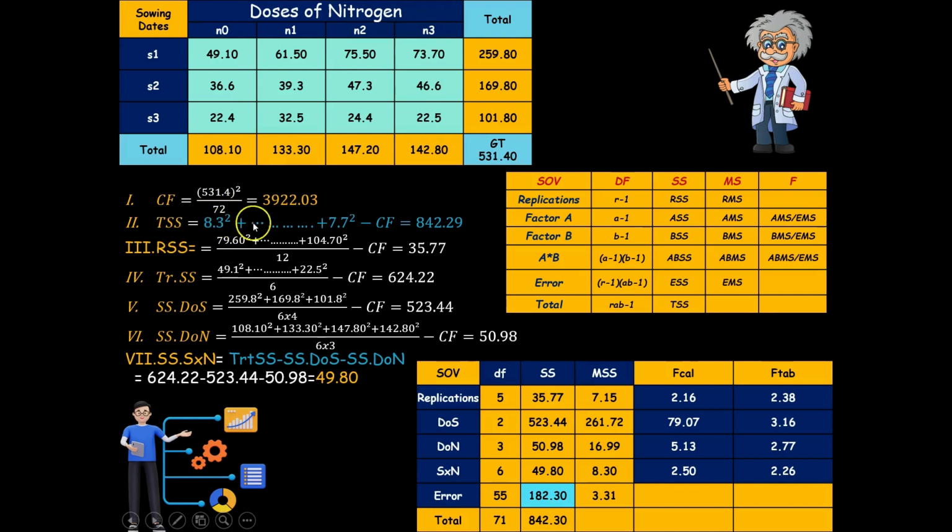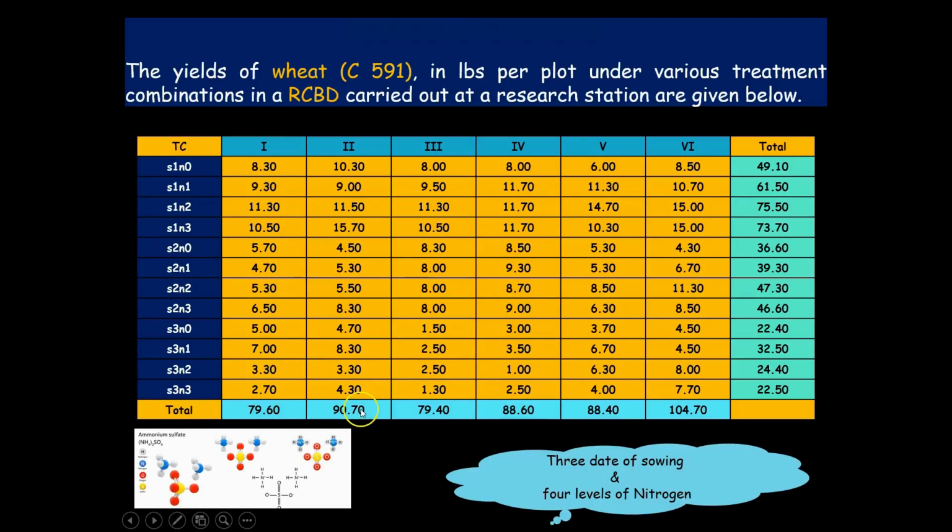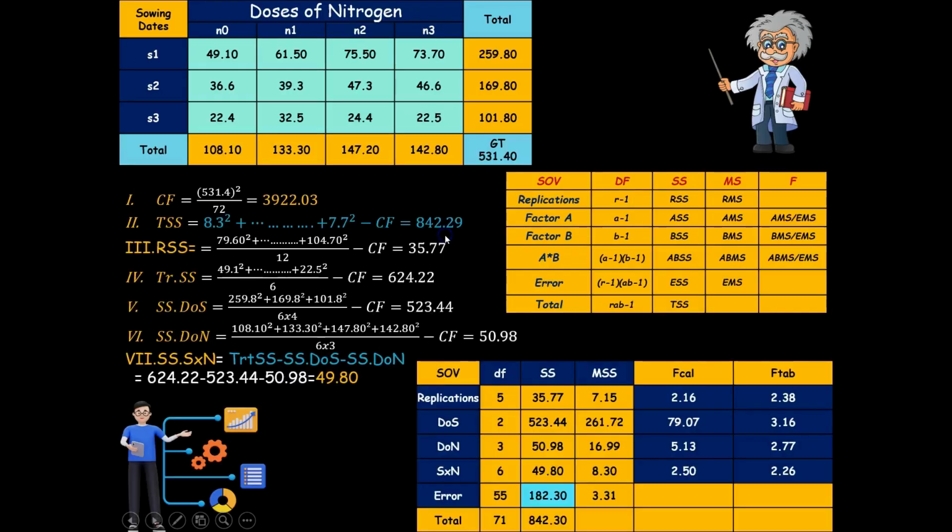Now the total sum of squares is very simple to calculate: square each and every observation and deduct the correction factor. For the replication sum of squares, take the replication totals, square this one plus this one up to the last replication, then divide by the number of treatment combinations, that is 12.